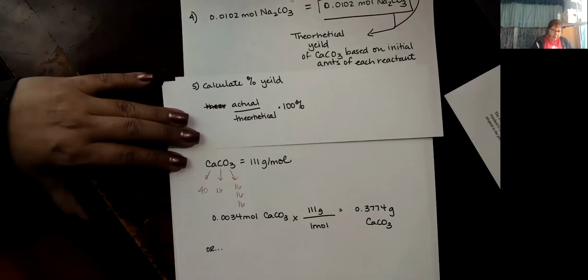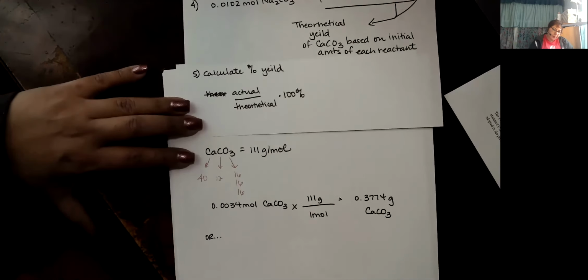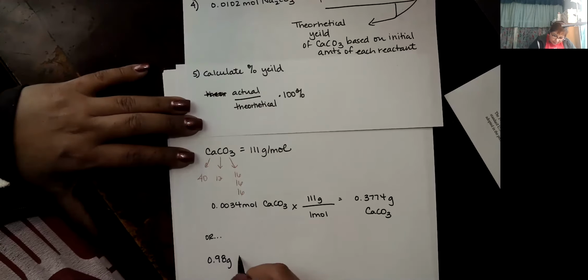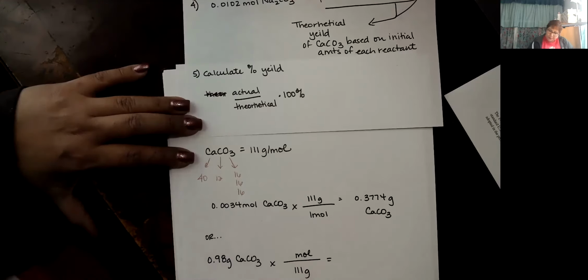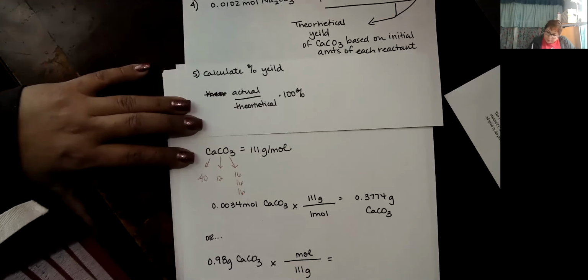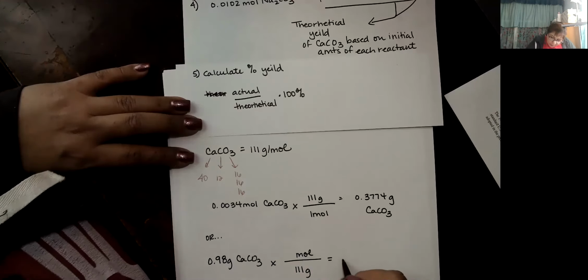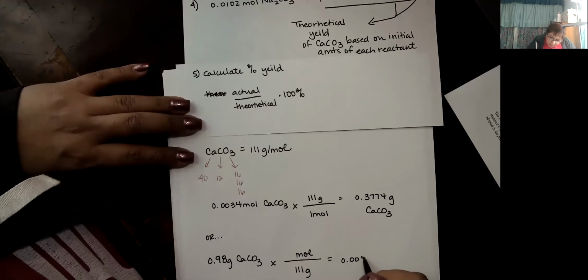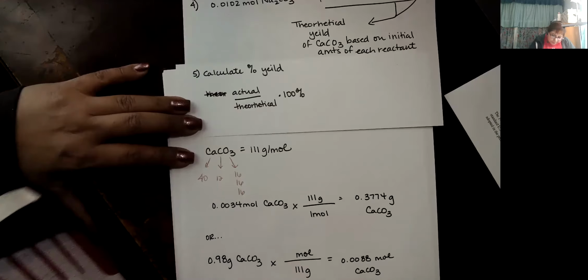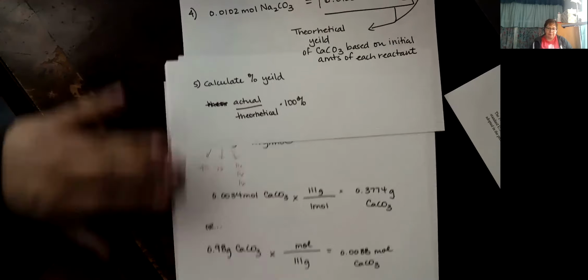Or I can convert 0.98 grams of calcium carbonate to moles, 0.0088 moles. So either way, I have the numbers that I need.